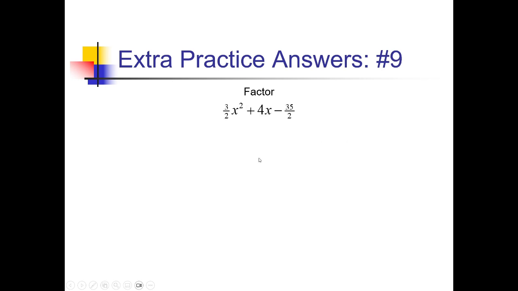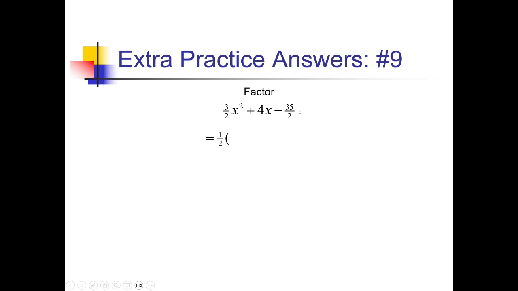For our final boss battle, this is truly one worthy of final boss battle music, if I had any. We've got some fractional coefficients here, but they still expect us to factor this thing. So what I'm going to try to do is get rid of my fractions. To do that, I'm going to be really crazy, and I'm going to factor a 1/2 out of this whole thing.